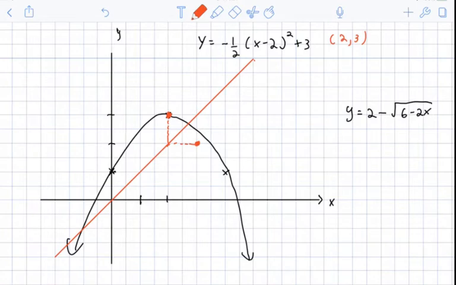How do you tell? Sorry, my notes don't tell me how I figured out that this was the right side of it.